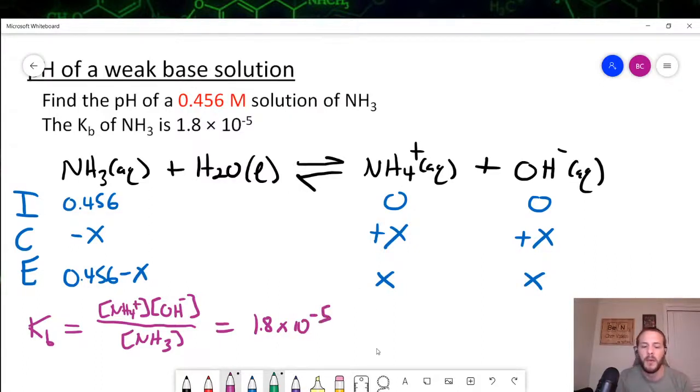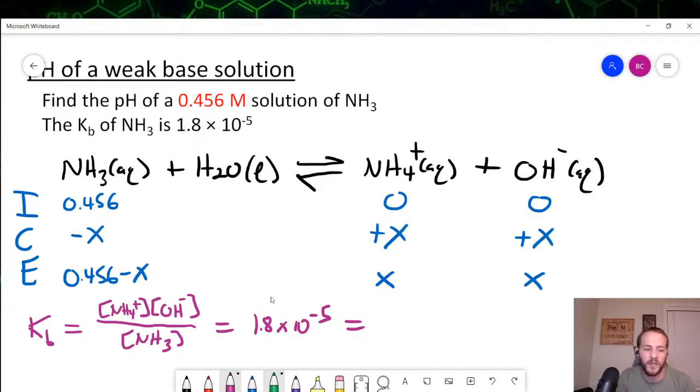That's just given by the problem, right? And now, using these equilibrium concentrations in terms of X, we can substitute those values into this equilibrium constant expression, and that's going to help us set up a quadratic equation. And again, all of this should look pretty familiar at this point because this is the same exact stuff that we've done with weak acid solutions, just we're doing it for a base now, right?